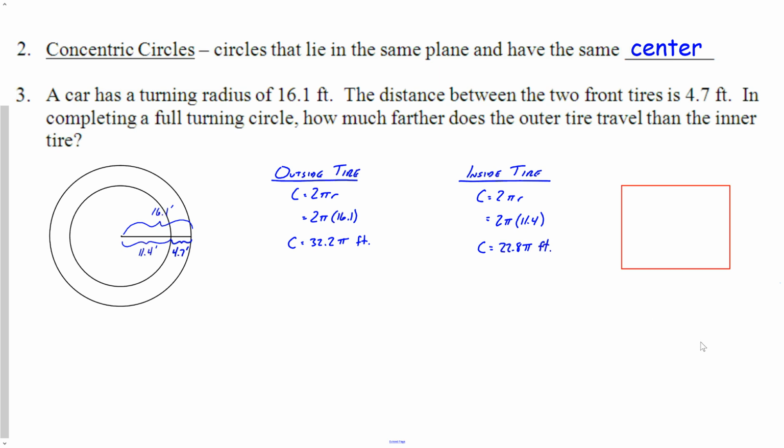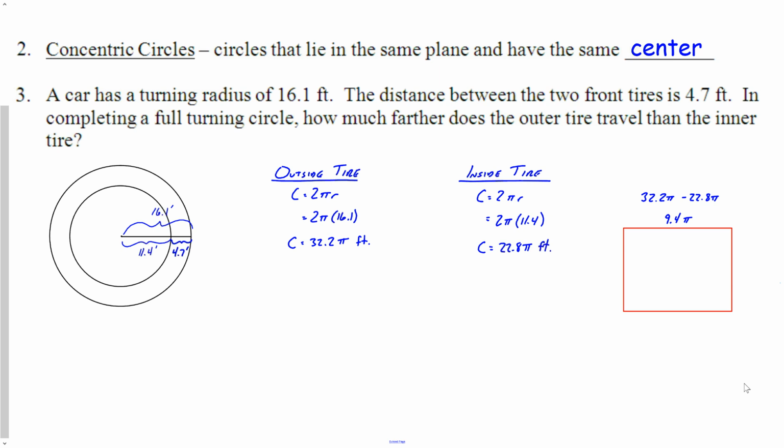Now to find out how much further the outer tire travels than the inner tire, we would just be subtracting. So take the distance of the outer tire, subtract the distance of the inside tire. When you subtract, you have to realize that the pi symbol does not go away. It's not canceled out. It's like a variable.